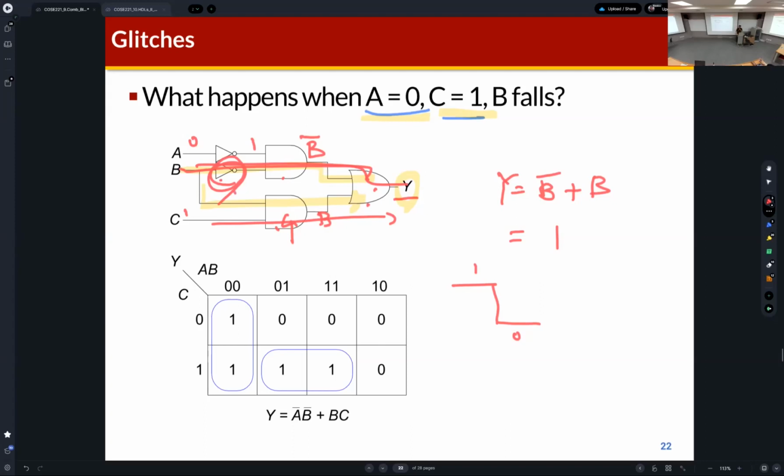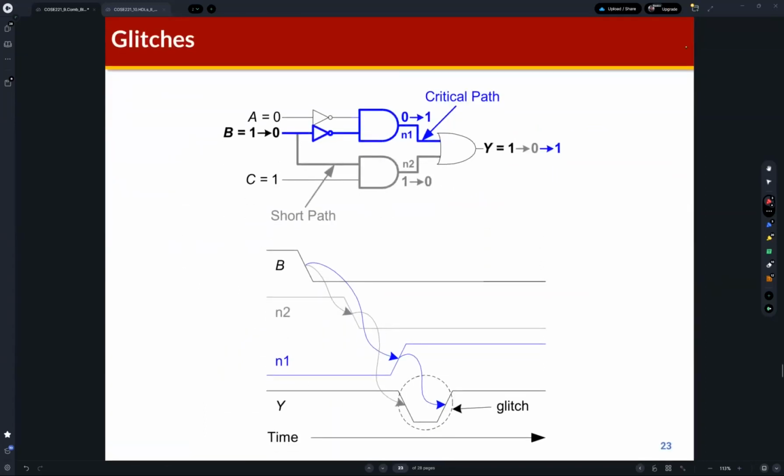So this is the difference. Then what will happen?